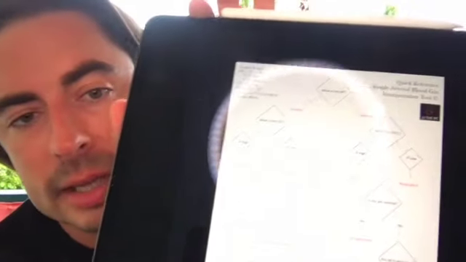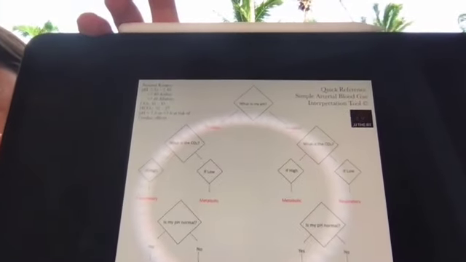My CO2 is causing that pH to be just on the low side of normal. Sorry, getting a little bit of a glare there. So we know that we have a respiratory acidosis.